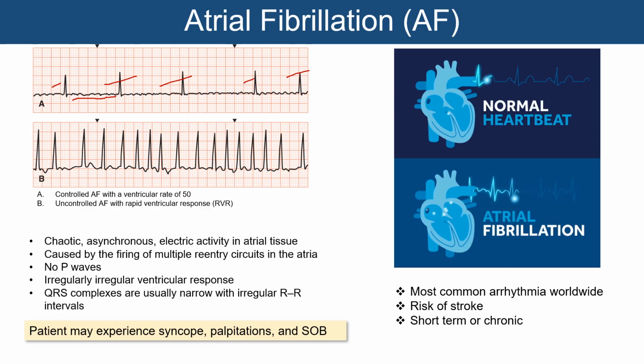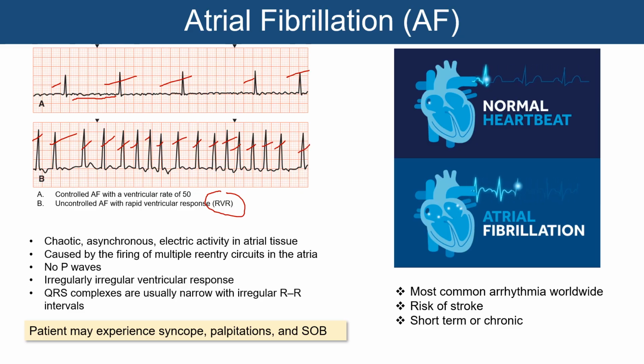we call that a rapid ventricular rate or rapid ventricular response, RVR. So this patient has atrial fibrillation with RVR. So if we counted these R's, 1, 2, 3, 4, 5, 6, 7, 8, 9, 10, 11, 12, 13, 14, 15, 16, 17.